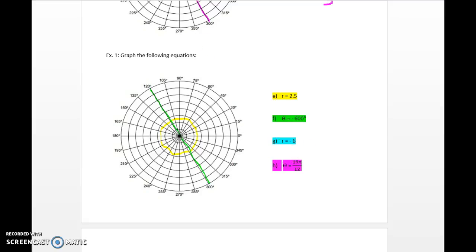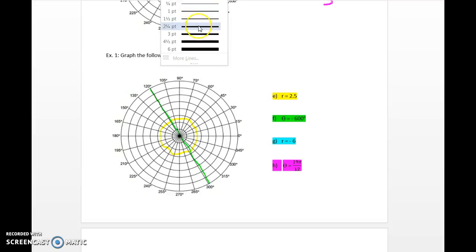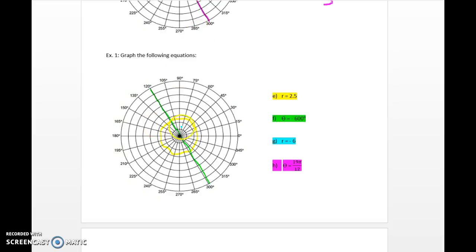Look at G, r equals 6 in blue. That doesn't matter if it's negative because r is never negative. So we count out 1, 2, 3, 4, 5, 6. That's actually 7. This one is 6.